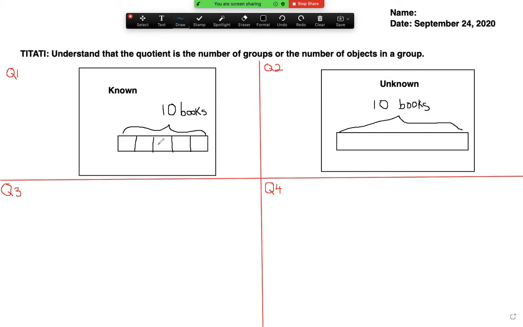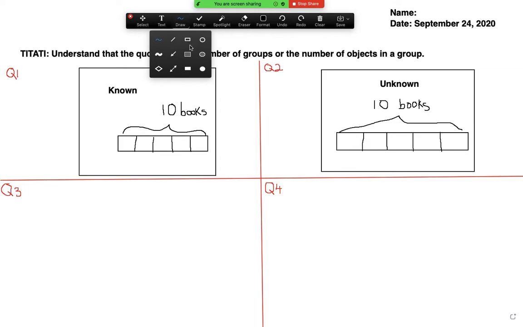I wanted 5 equal parts, so I drew 4 lines. Go ahead and do that on each side. Again, 5 equal parts: 1, 2, 3, 4, 5. So I drew 4 lines: 1, 2, 3, 4. Go ahead and do that.